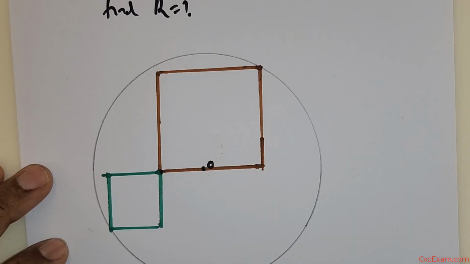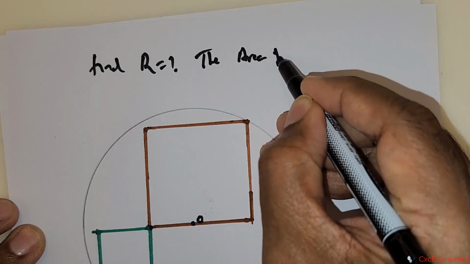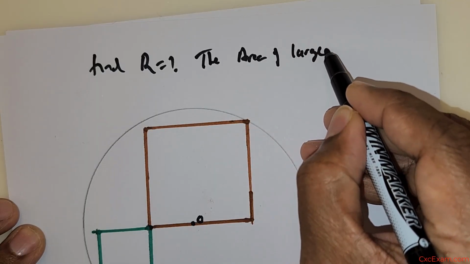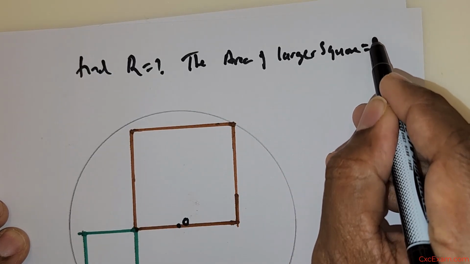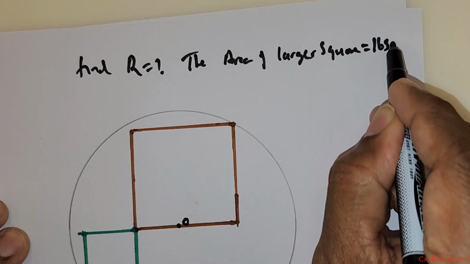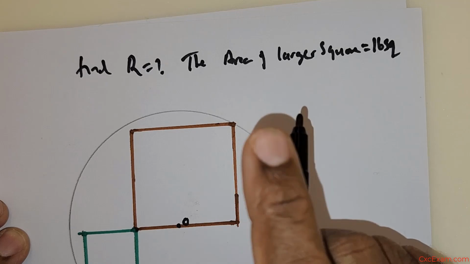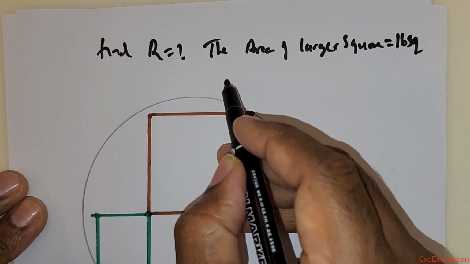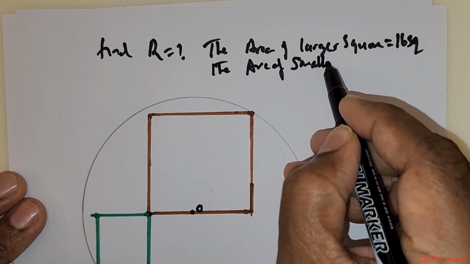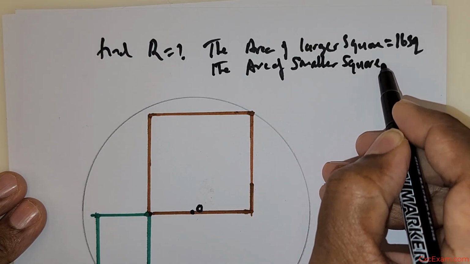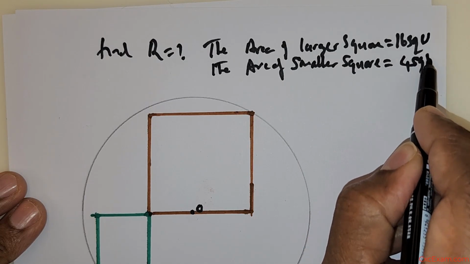So let's do that. Okay, we have given the area of the larger square to be 16 square units, and the area of the smaller square is given as 4 square units.